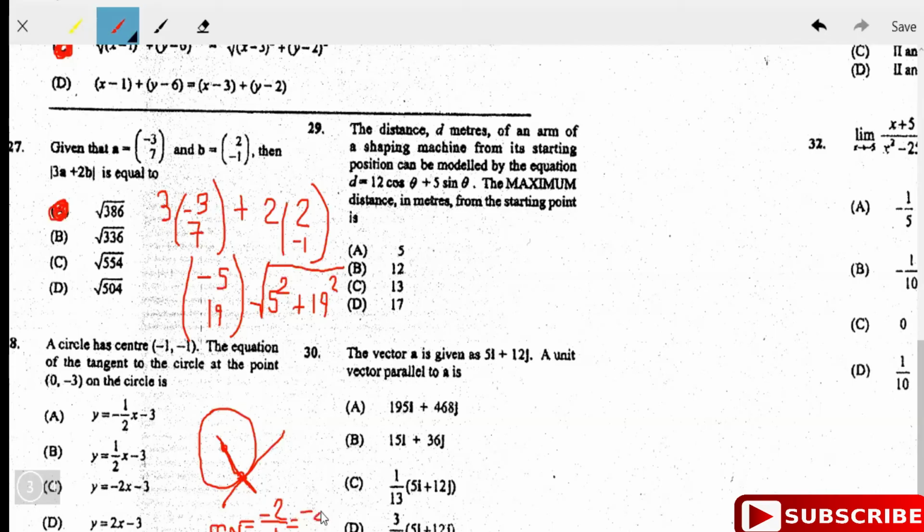And so if the gradient of the normal is minus 2, the gradient of the tangent is a half. And so since the gradient of the tangent is a half, look which one has a half, which is beta.